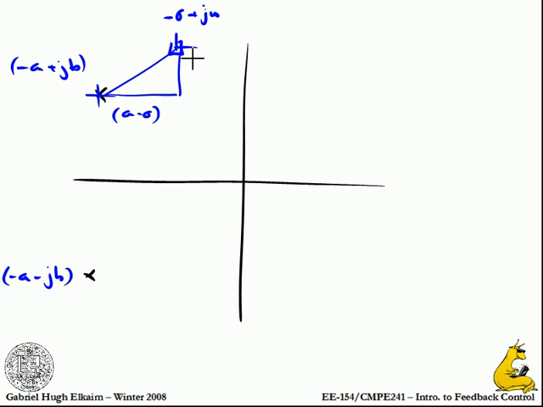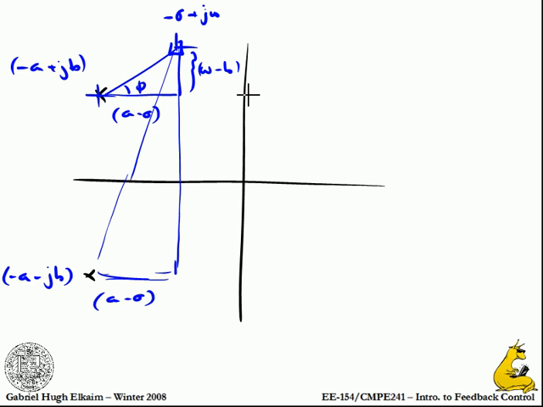This distance here is omega minus B. All right. And there is my angle. Okay. And then I've got this distance down here, which is still A minus sigma. This distance from the top all the way here is omega plus B.